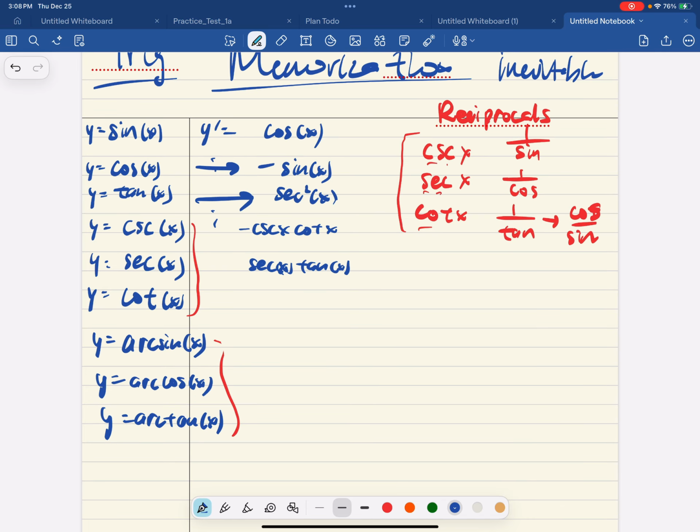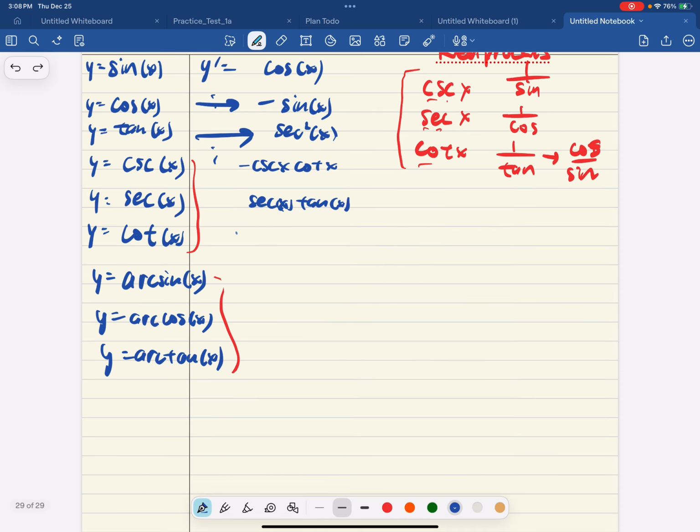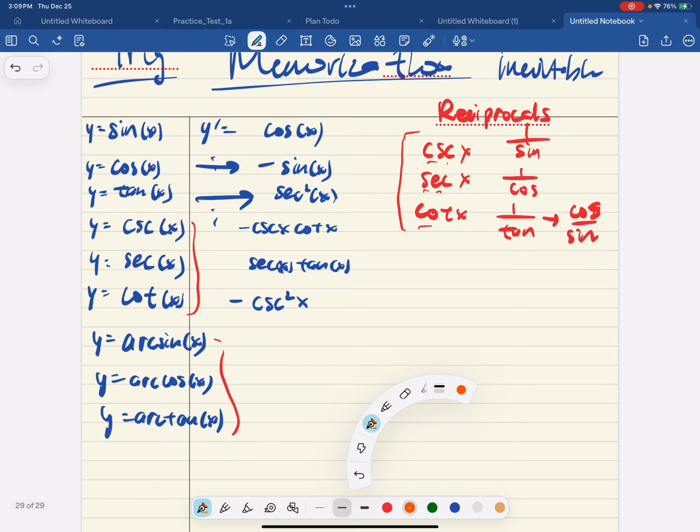The parentheses around the x don't matter. You could write them or not. Sometimes it's easier not to write them because there's going to be too much writing. Cotangent is minus cosecant squared of x. And you realize that whenever you write something that has a C originally, you have to put a minus sign.